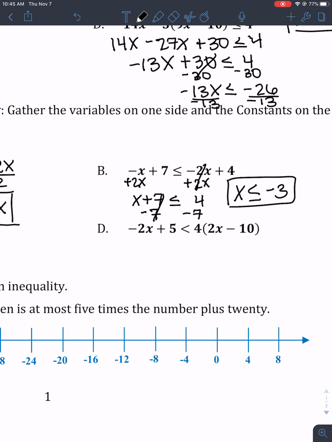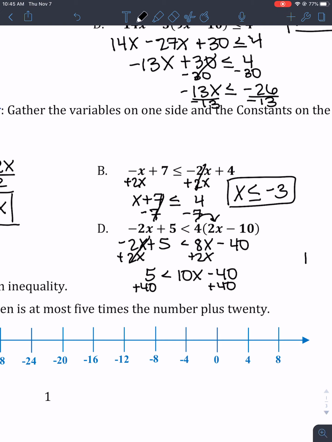So once again, I can't do anything until I distribute, so I gotta distribute this 4. So 8x minus 40 less than negative 2x plus 5. So I'm going to add 2x. So I have 5 less than 10x minus 40. I'm going to add 40.